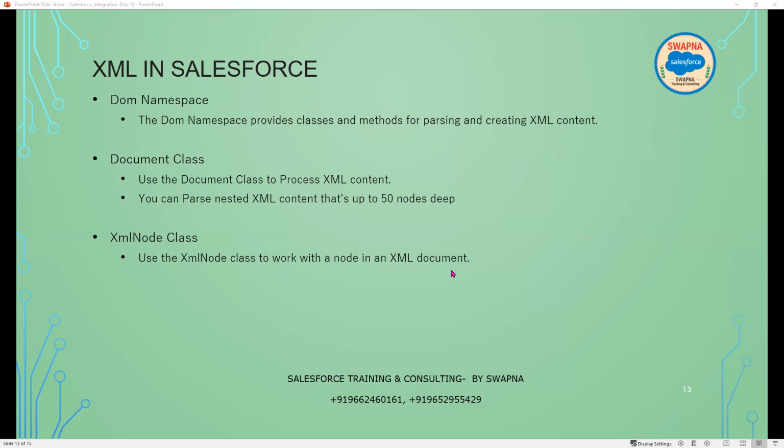Whatever nodes are available in the XML document, we can work with them. Now the syntax: I am using the namespace DOM, DOM dot Document, initializing a name here, new DOM dot Document. This is how we use it for the Document class. Now, in JSON we have JSON create generator and create parser, right?